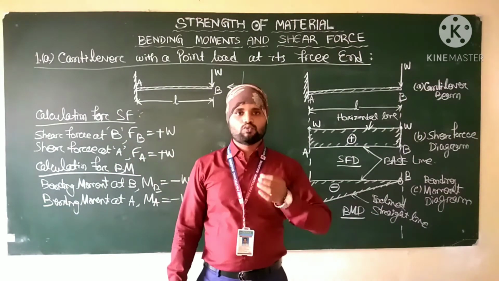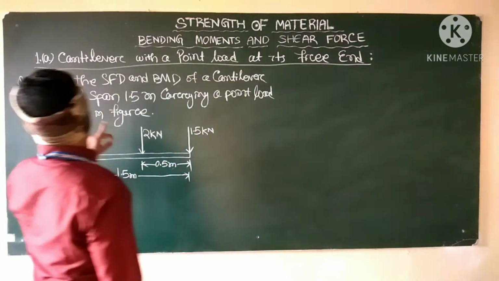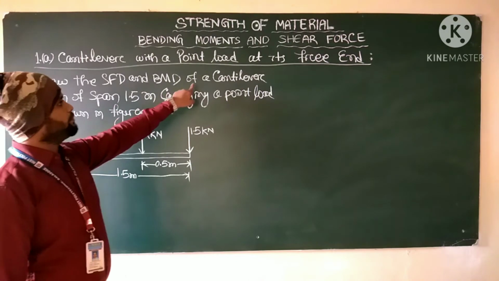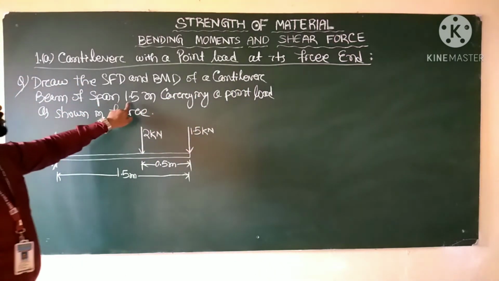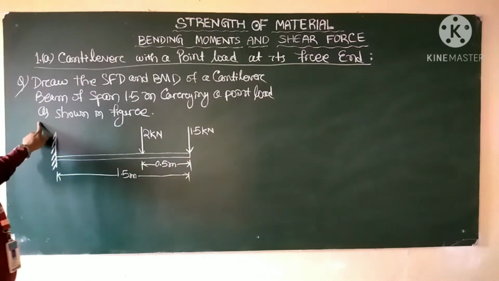Now we will solve one problem. Now write a question. Draw the shear force diagram and bending moment diagram of a cantilever beam of span 1.5 meter carrying point loads as shown in figure.